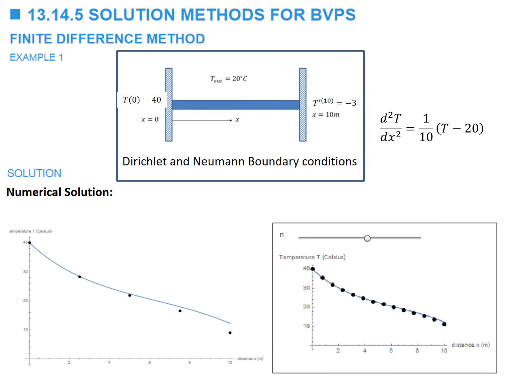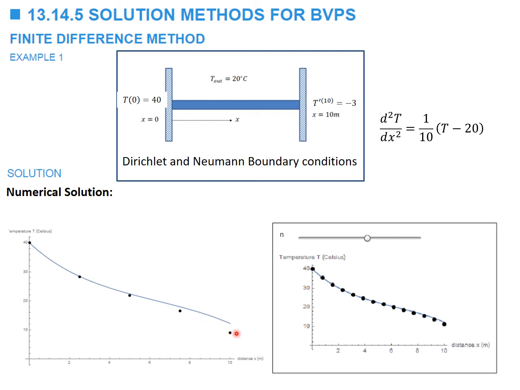Again, if you log on to the website, you have a tool that shows the effect of changing the number of subintervals on the accuracy of the solution. You can see here that for 4 intervals, which is what we used in the solution, so we've got interval 1, interval 2, interval 3, interval 4, it's not very accurate.